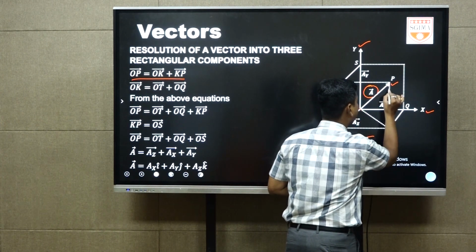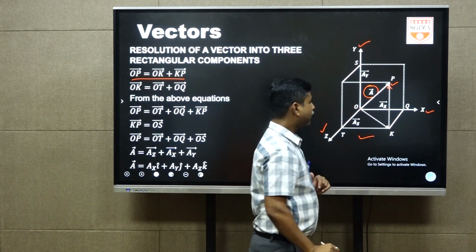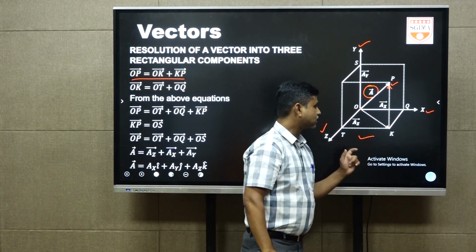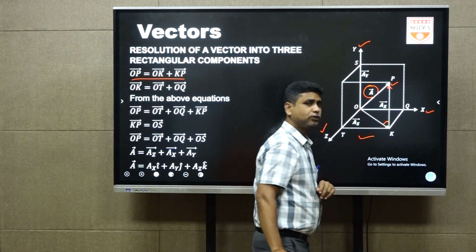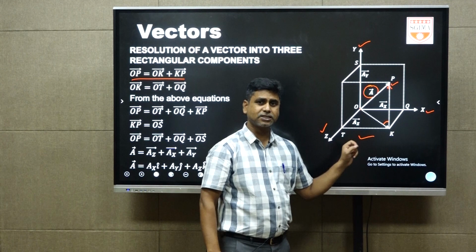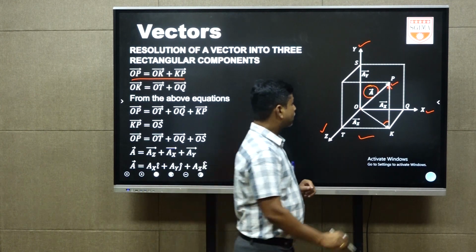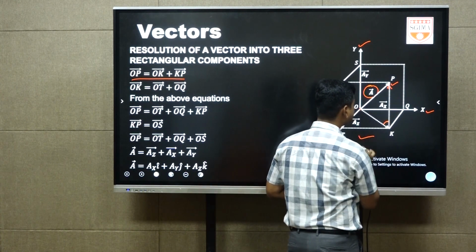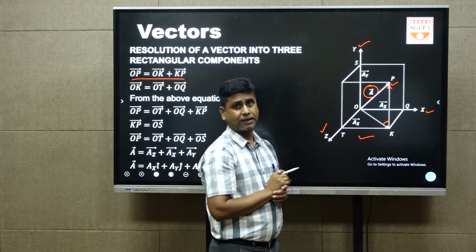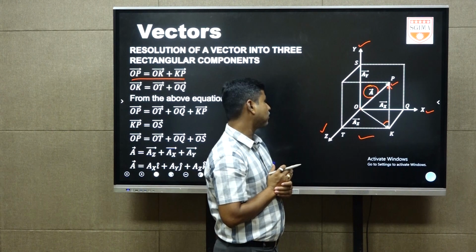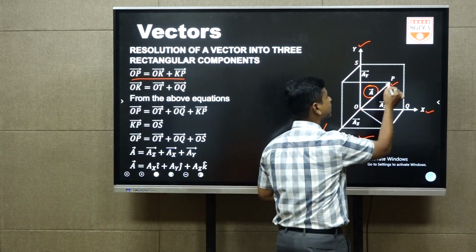Now it is OK, it is OP. From K to P, one line can be taken. If we ask the question, what is the angle between them? Your answer would definitely be less than 90. But here KP is normal to the line OK. Normal means perpendicular to the line OK. Now OP is the resultant.